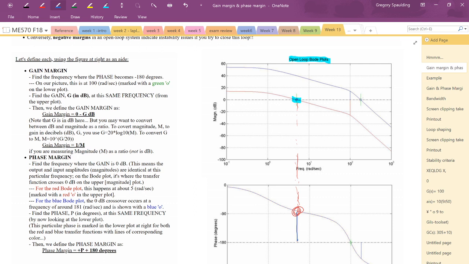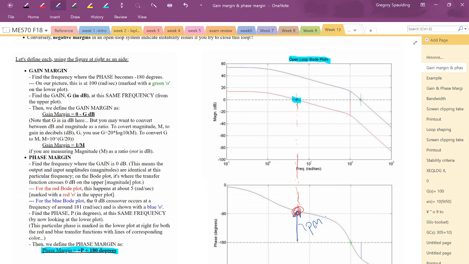And we can see the actual calculations on this. In this case, we have a positive phase margin, and so we would actually calculate this from our 180 up. And so this distance in here is our phase margin. Okay, and it's measured in degrees, and we definitely want it to be positive to have a stable system.